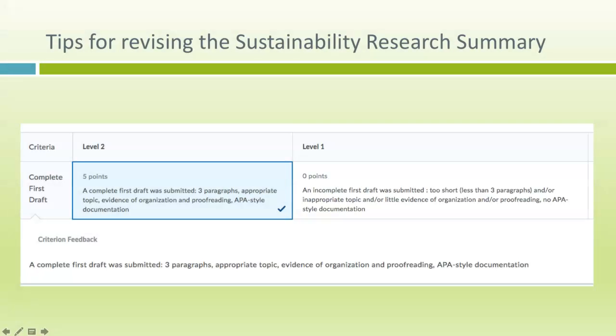So if you got 0 on the SRS draft, it means one of these things. And it basically means you've got an opportunity with some solid feedback to really improve things for the final draft.